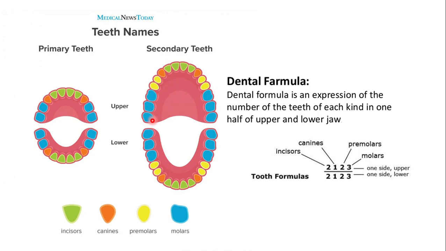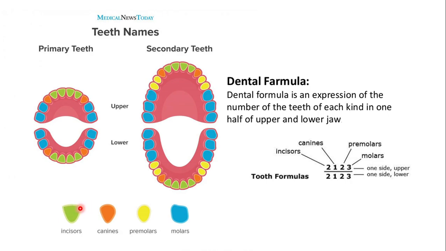So that is two incisors, one canine, two premolars, and three molars, totalling 8 on this side and 8 on the other side. 8 multiplied by 2 is 16, and similarly you will find 16 teeth in your lower jaw. So this is the upper jaw, this is the lower jaw, right?